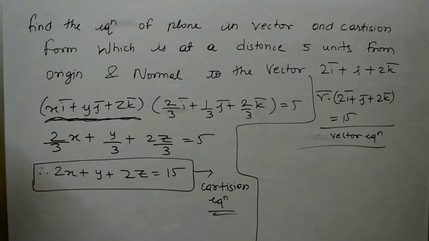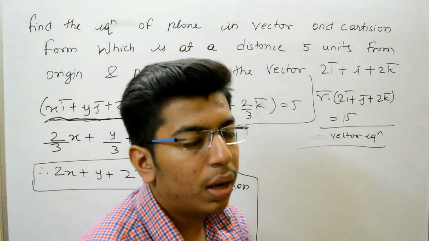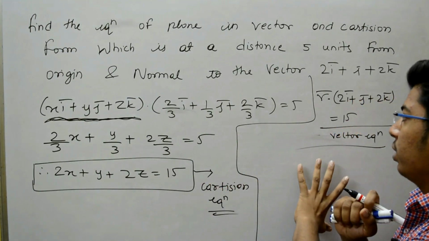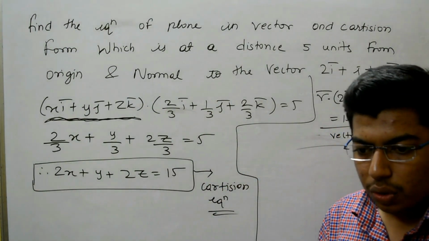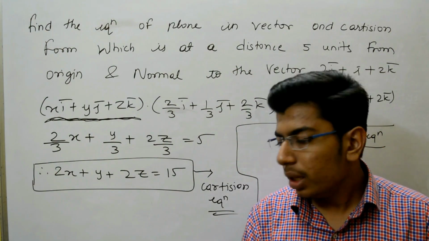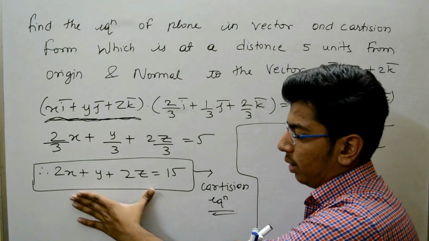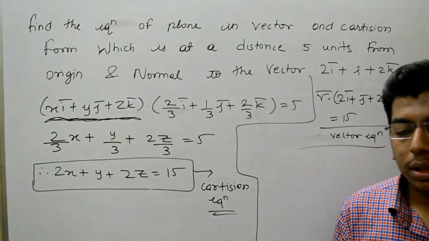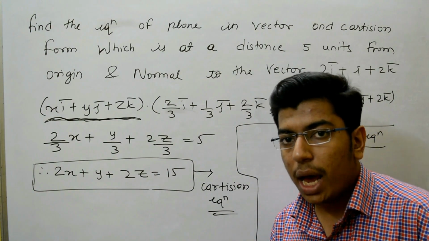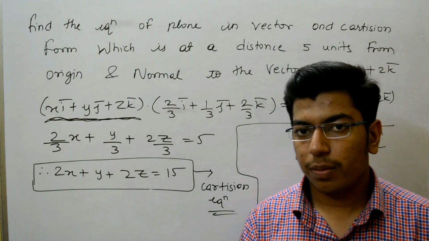So in this example, I have tried to find the Cartesian equation and the vector equation. There is a strong possibility that in the question you are given only the Cartesian equation and you have to convert that Cartesian equation into vector form.